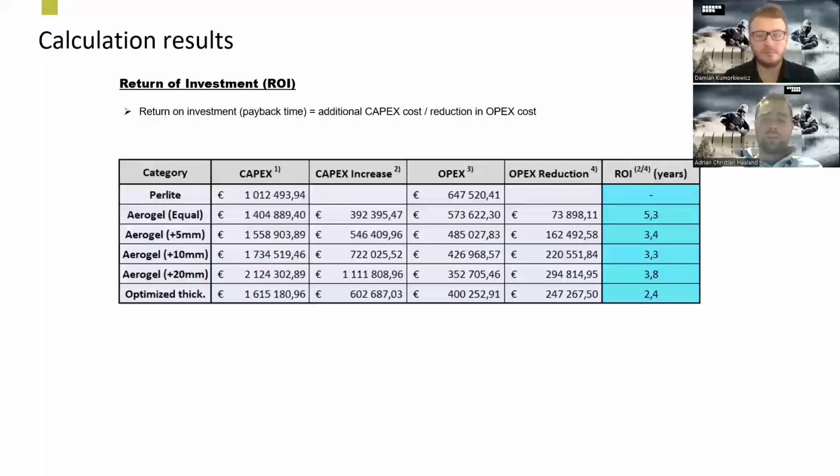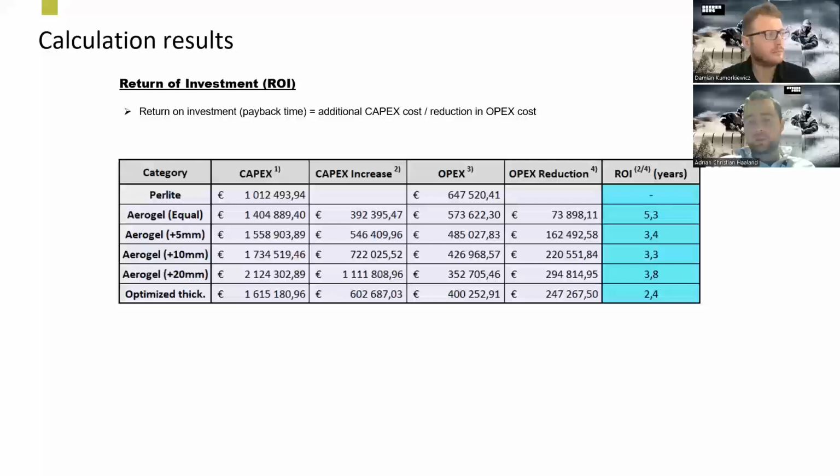So we compare the increasing cost by improving insulation performance, only the increase, and we calculate the saved OPEX in terms of operating expenditure. So in terms of energy bills, electricity consumption, and in terms of CO2 emissions. And we calculate the payback time based on the choice of improvement, if you want.